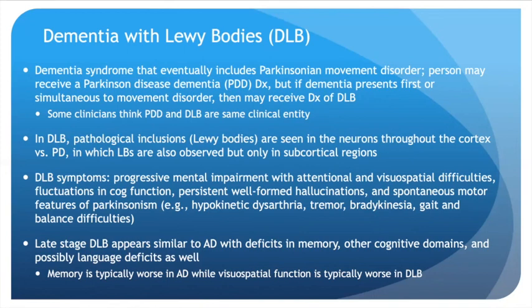Note that in dementia with Lewy bodies, the symptoms are progressive mental impairment with attentional and visuospatial difficulties, fluctuations in cognitive function, persistent well-formed hallucinations, and spontaneous motor features of Parkinsonism. So hypokinetic dysarthria, tremor, bradykinesia, gait and balance difficulties, this particular symptom profile.